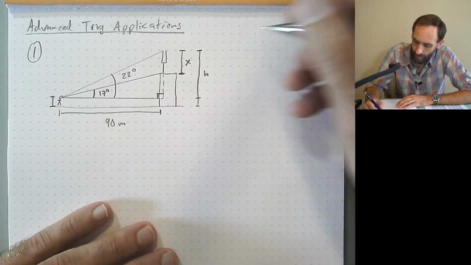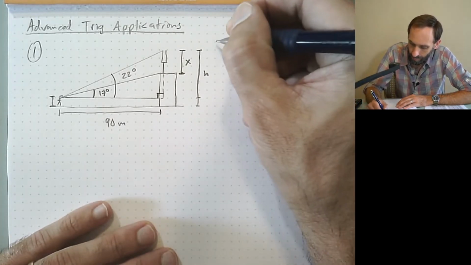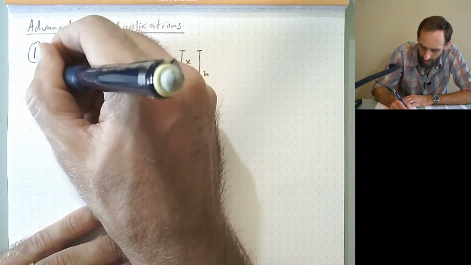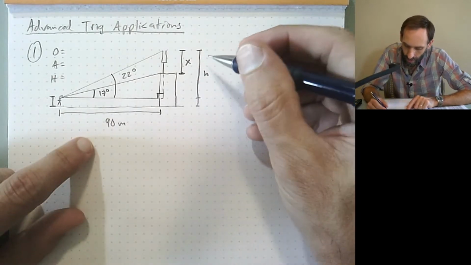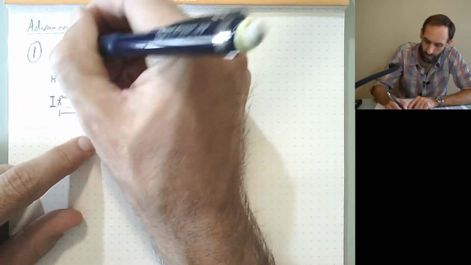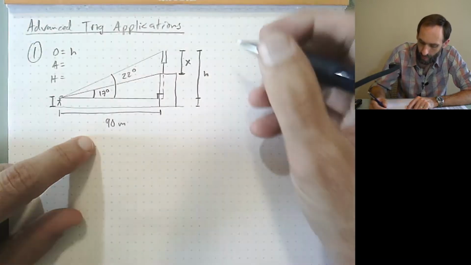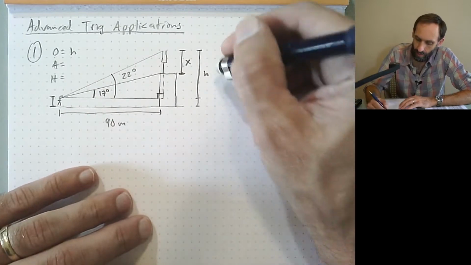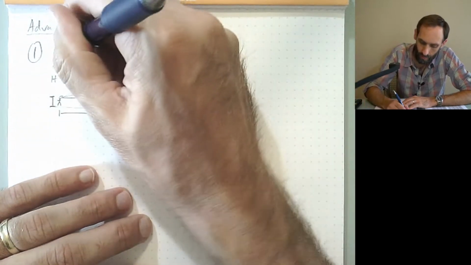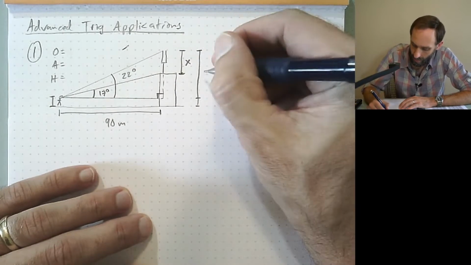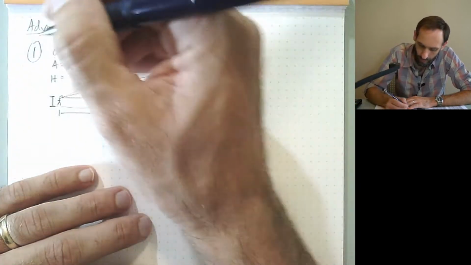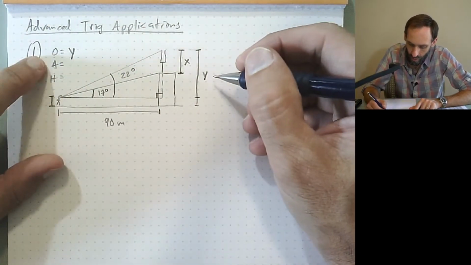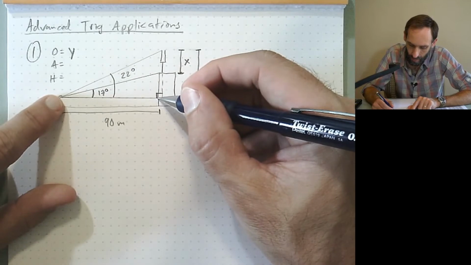So we can go ahead and write out our three: what's the opposite, what's the adjacent, what's the hypotenuse? The opposite length is h. I realize that's getting a little confusing because I have h here and h there, so maybe I should just use a different variable. Let's call that y. Now the adjacent side is 90 meters.